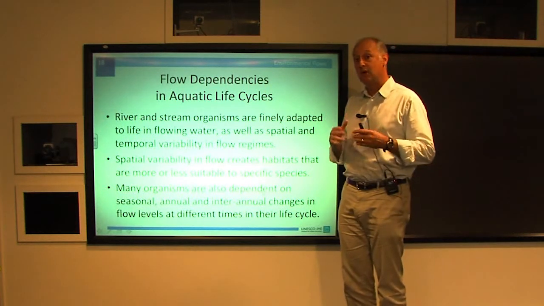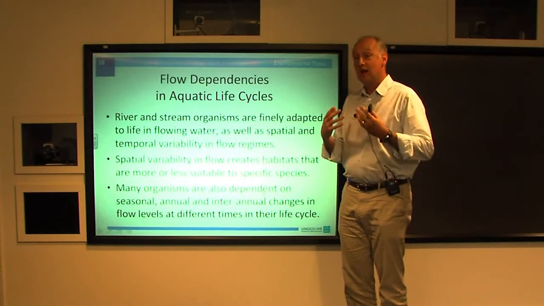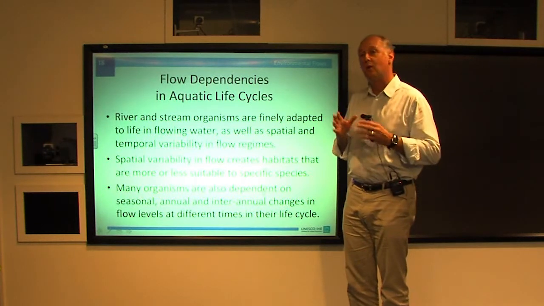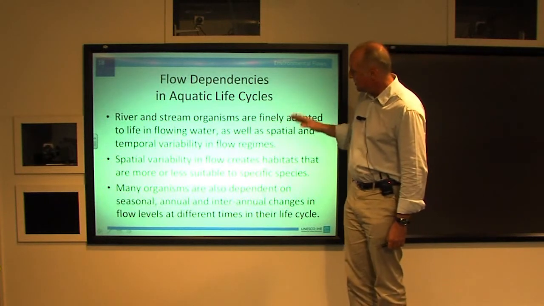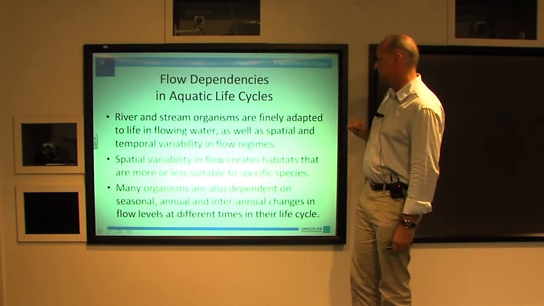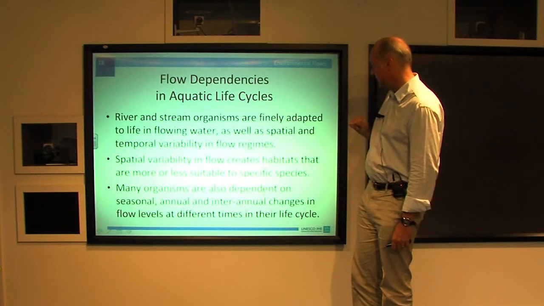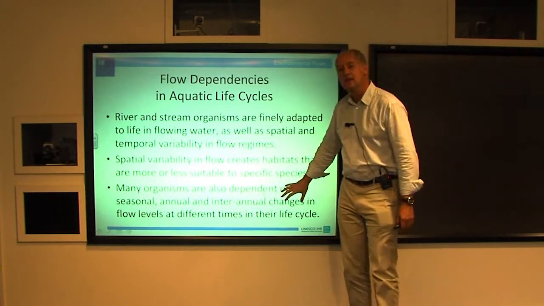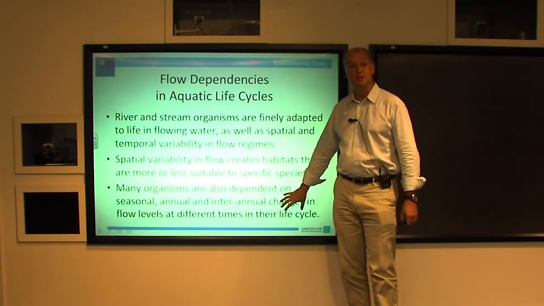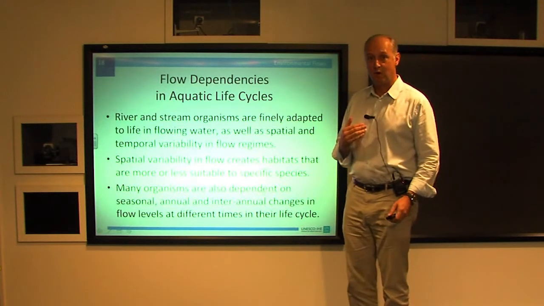By more or less suitable, I mean that it is optimally suitable, or it's not ideal habitat for those organisms. And many organisms are also dependent on seasonal, annual, and interannual changes in flow levels at different times of their life cycle. Now, this is the life history component that we're going to say more about.